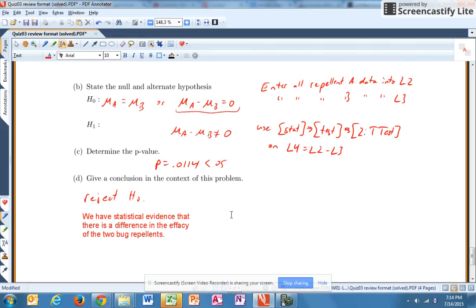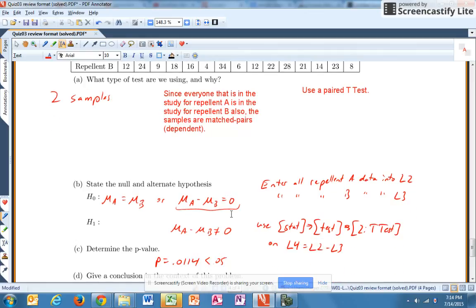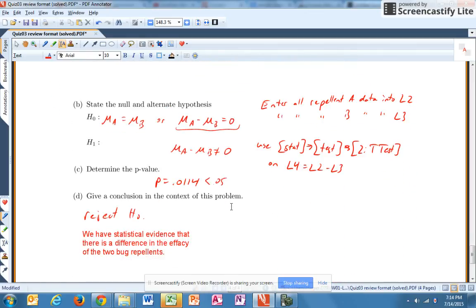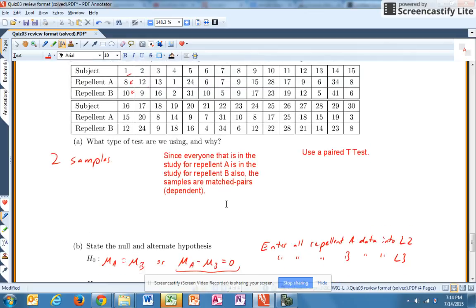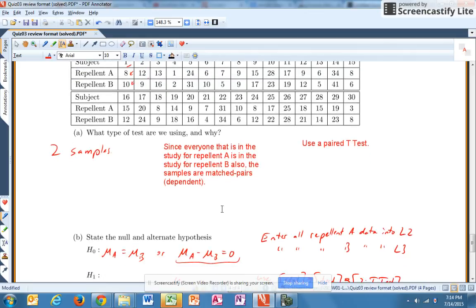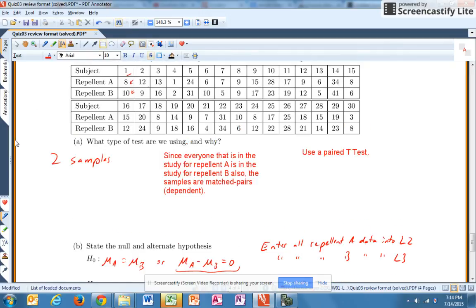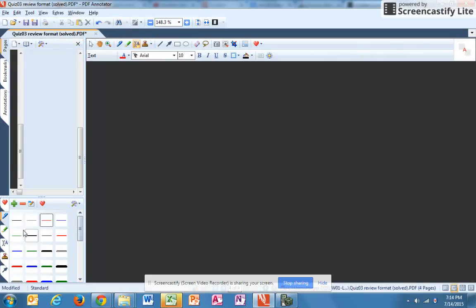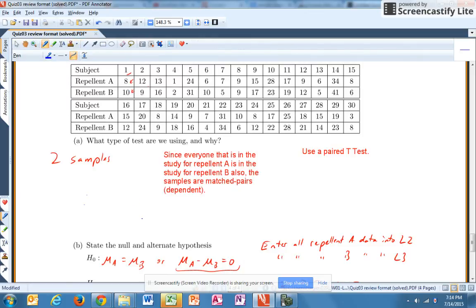Okay, now something that wasn't specifically asked, that I kind of skipped over because it wasn't asked, was making sure that we meet the requirements for these tests. And to use a paired t-test, and again, this wasn't asked in the question, so I'm just putting this on here as review.